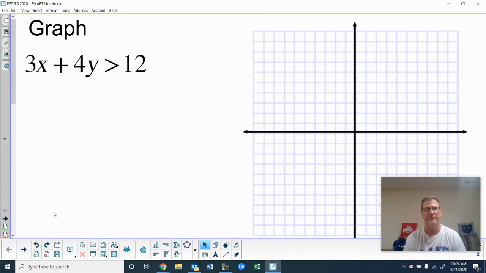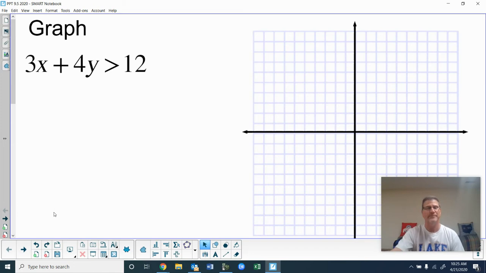Today we're going to revisit graphing an inequality, where we solve for y, graph it, and shade our graph. Then we're also going to do a system of inequalities, where we put two graphs on one and see where the shaded areas overlap, and that would be our solution.